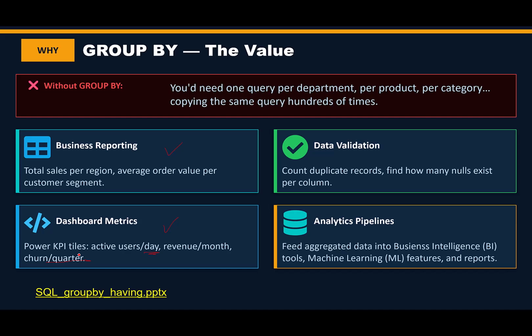For instance, feed the aggregated data into a BI, business intelligence tool, such as Tableau or Power BI. And it can also serve as features in a machine learning algorithm or in some generated report.